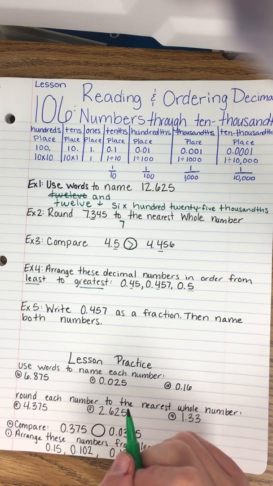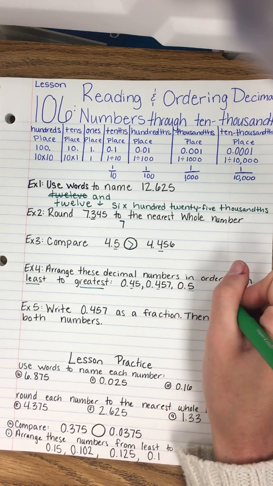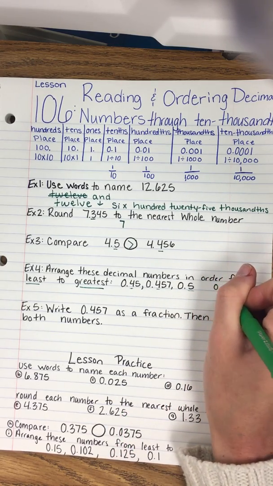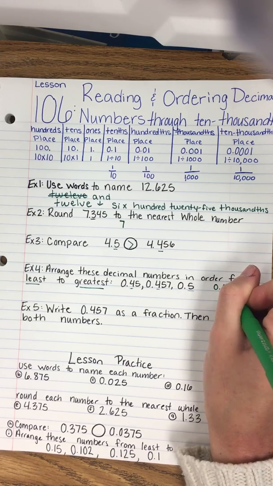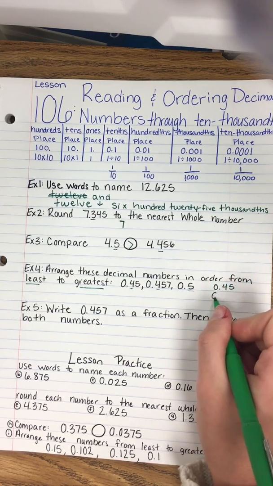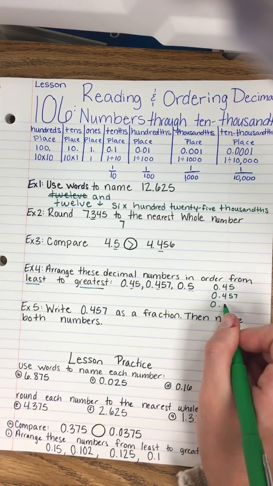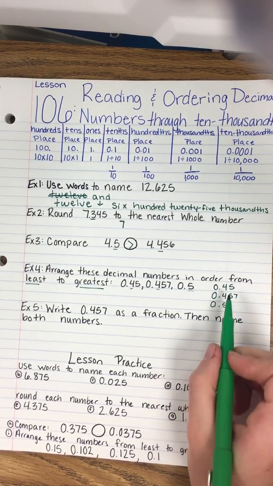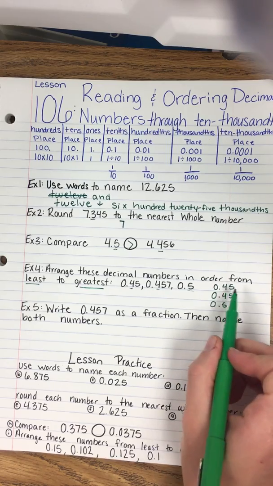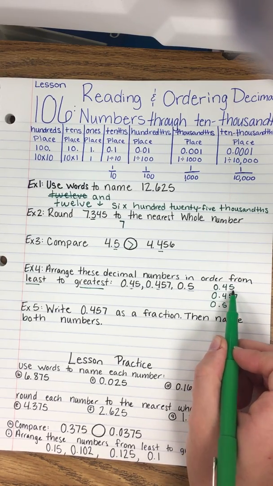The way they want me to tell you this is by ordering your numbers like this. If you put them in order and line up the decimals this way, you're going to see that this one is least because it stops at 45.